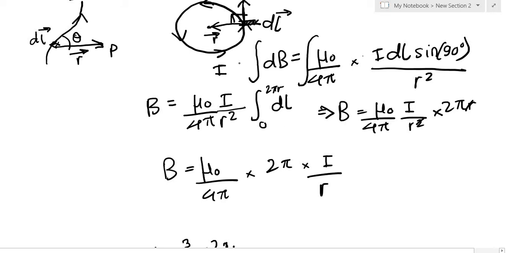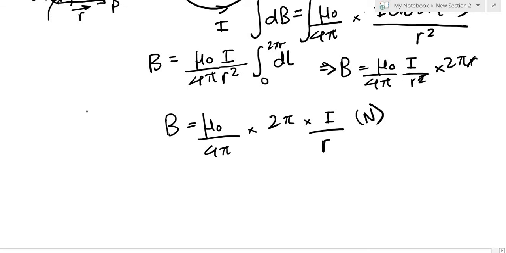Now this was when you have just one turn of it. If you have, say, n turns of this coiling around, and you wanted to find the magnetic field at the center, you would just multiply by the number of turns, because when n was 1, this was only true for one turn. You can just multiply. Simple analogy.